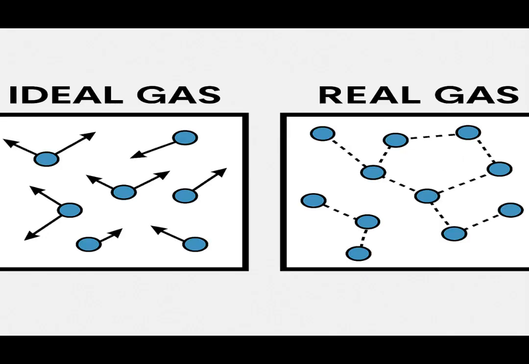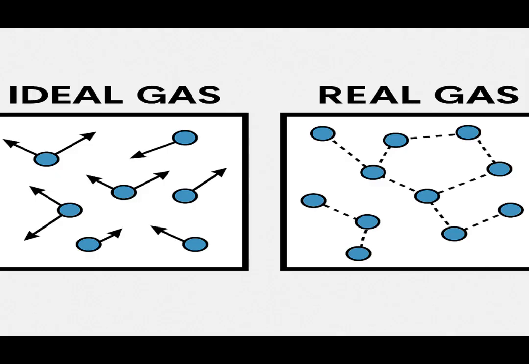6.0 Real gases. Real gases are gases that do not behave exactly as ideal gases under all conditions. While ideal gases are a theoretical concept that follow the ideal gas law, PV equals nRT, perfectly, real gases exhibit deviations from this behavior due to interactions between gas molecules and the finite volume of the gas molecules themselves.